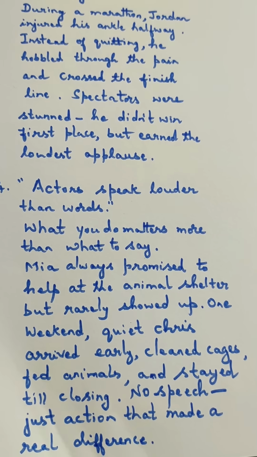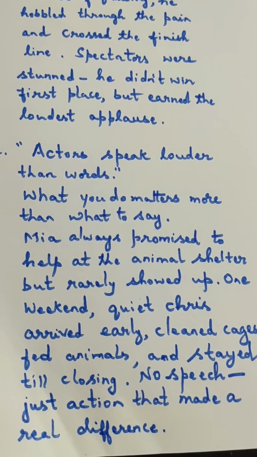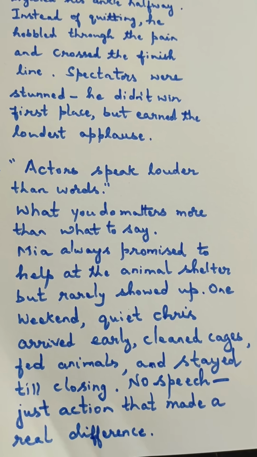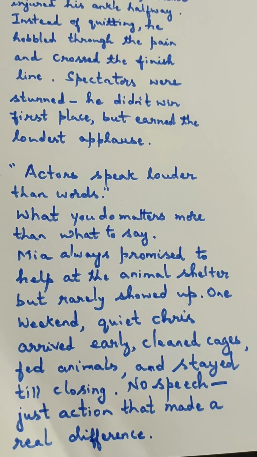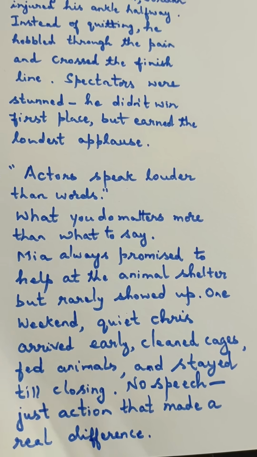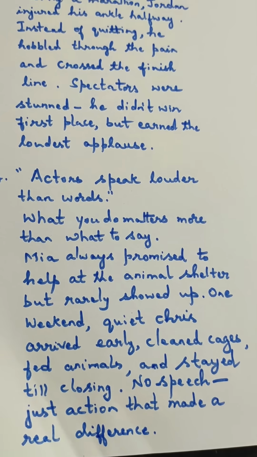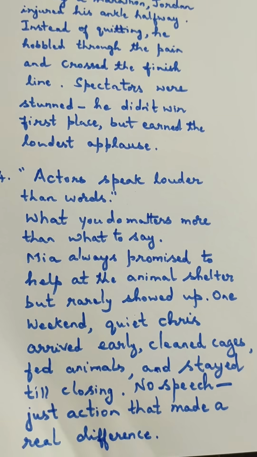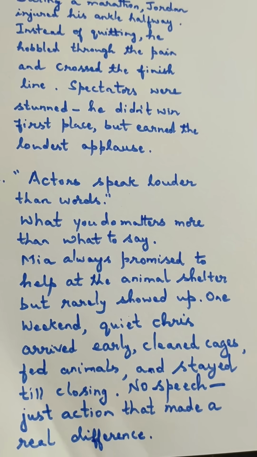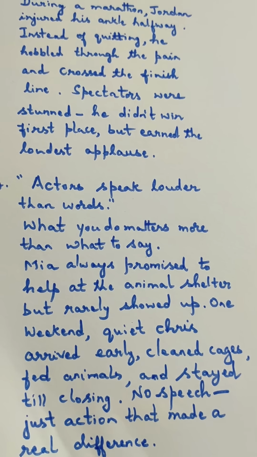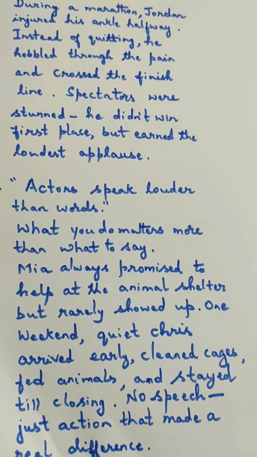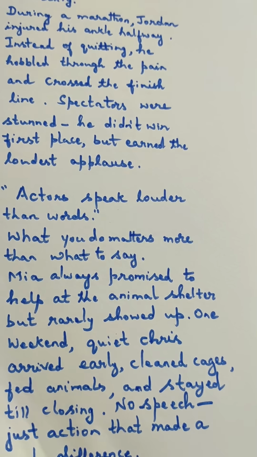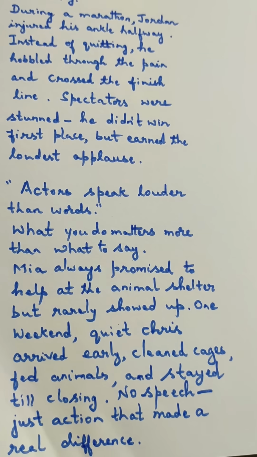Mia always promised to help at the animal shelter, but rarely showed up. Mia was a girl. She promised to help at the animal shelter, means where all the animals were kept. She promised she will show up there to help them, but she never went. One weekend, quiet Chris arrived early, cleaned cages, fed animals, and stayed till closing.